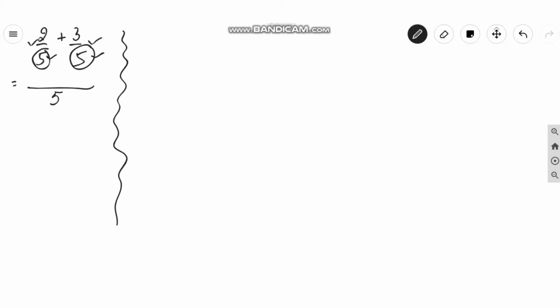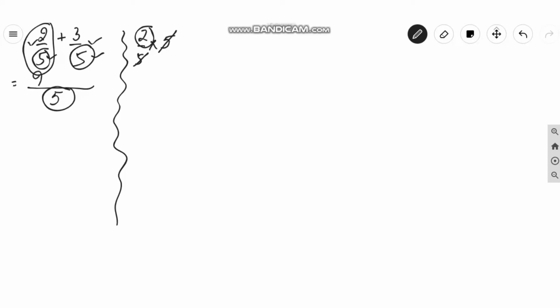The first thing you have to follow in all questions is that first take the first rational number, that is 2 by 5, and multiply it with the number that you have written here, and it is 5. So 5 is cancelled with 5 and the remaining answer is 2.